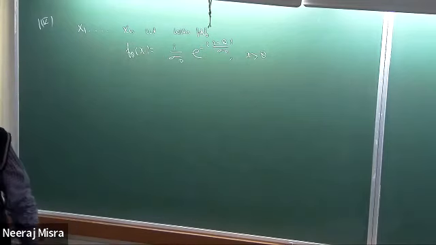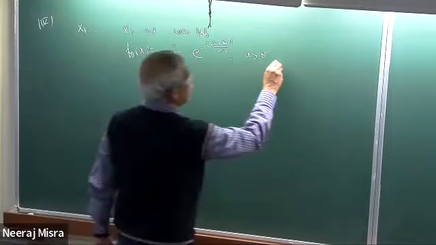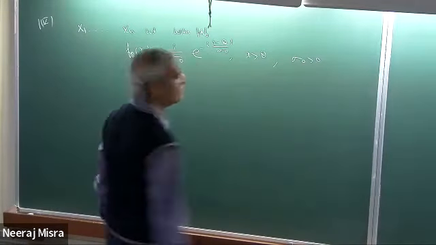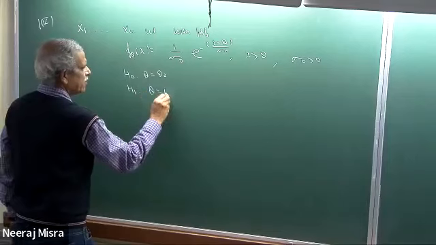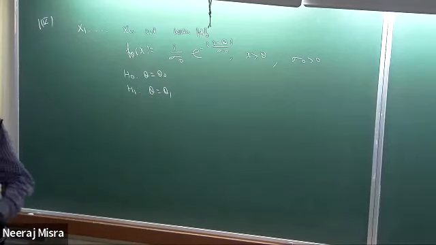This is the problem you're talking about, and sigma naught is a known quantity given to you. You have to test H naught, theta is equal to theta naught, against theta is equal to theta 1. That is the problem you're talking about? Okay.